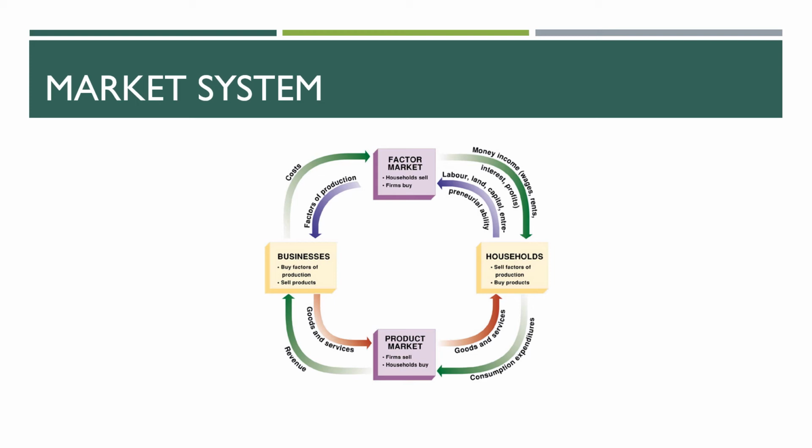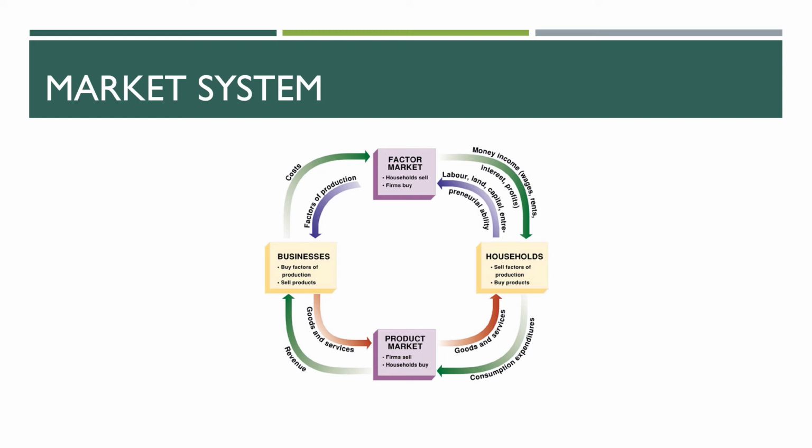As you can see, there are two groups in the economy. One group is called households. The other group is called businesses. The two groups interact in a market system usually through two different markets. One is called the factor markets, and the other one is called the product markets.